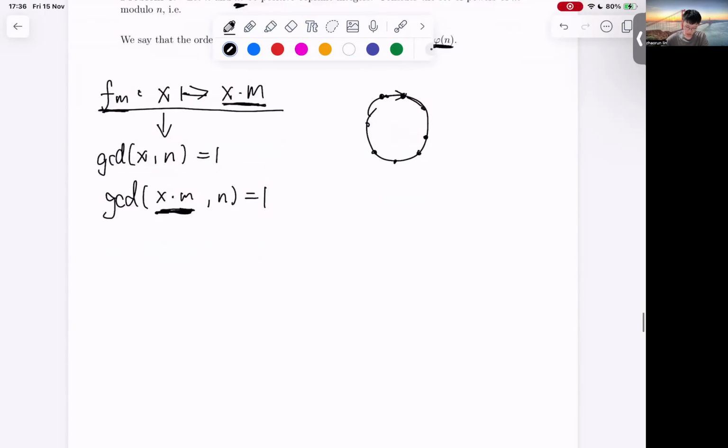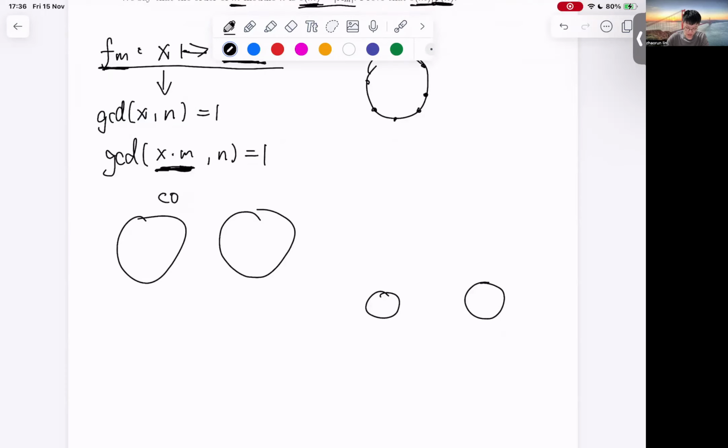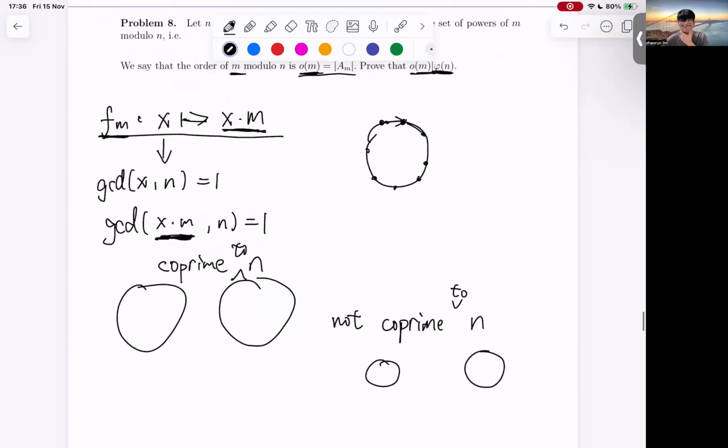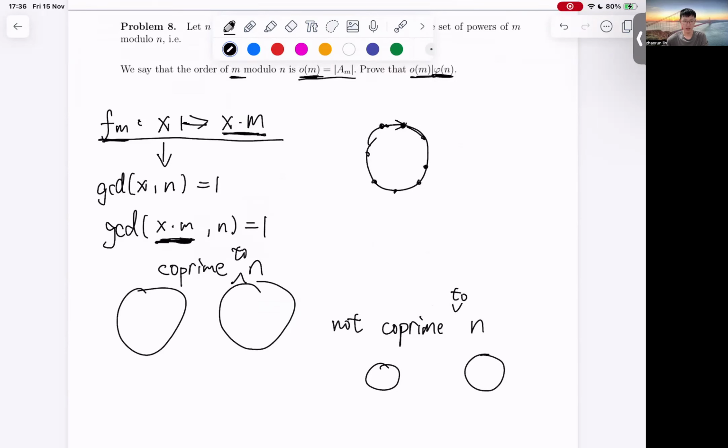So the permutation graph we have will be like this. We would have some cycles that are coprime to n, and some cycles that are not coprime to n. So this is the overview of our permutation graph.